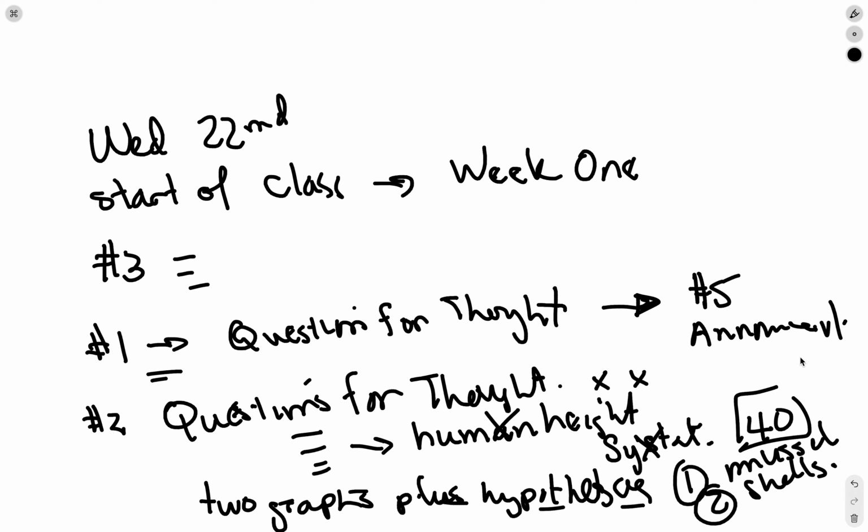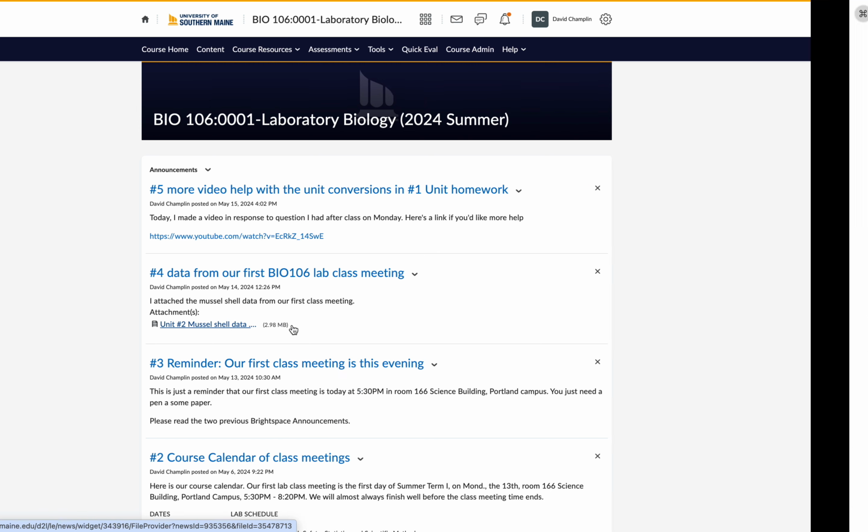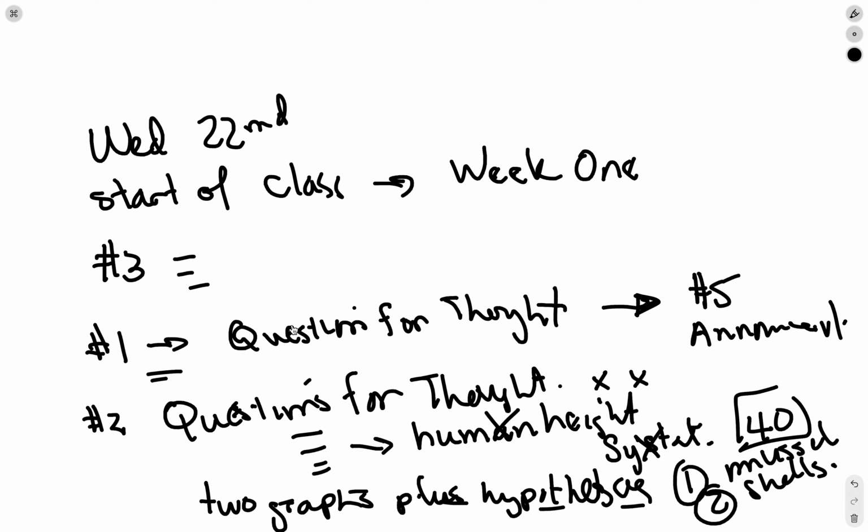And that data is also on Brightspace, on announcement number 4, mussel shell data. You use that data to make another graph. And again, for that, what you do is take a look at that data and first think of a hypothesis that you could use that data to test.